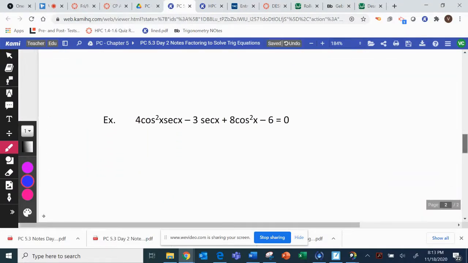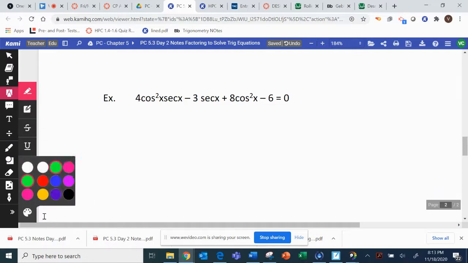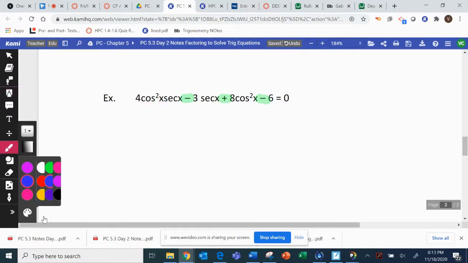All right, this next one, everybody just kind of gets tricked up by this one. You have to be careful and look to find those plus and minus signs. So here is a minus sign, here's a plus sign, here's a minus sign. If I have 3 plus or minus signs, then I have 4 terms.